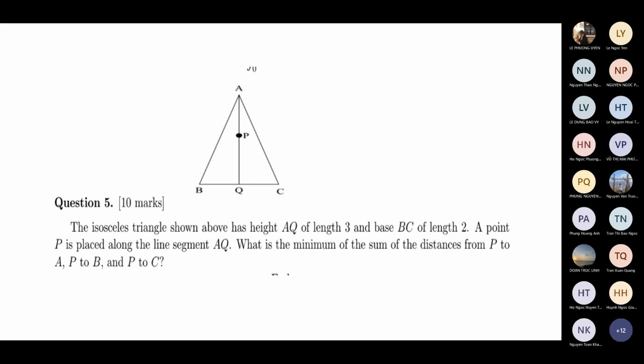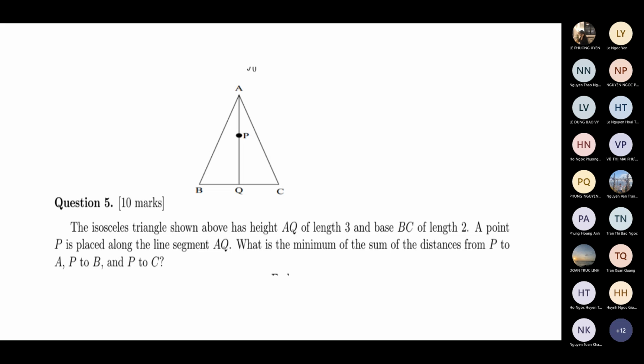AQ gives you the height of the triangle. So you have here PB equal PC.